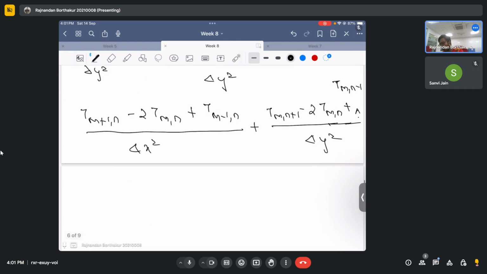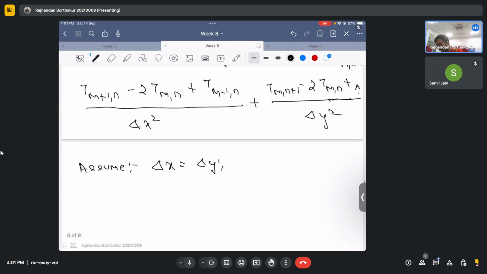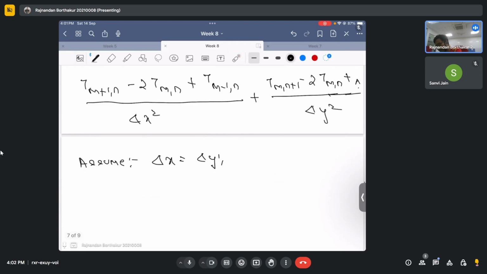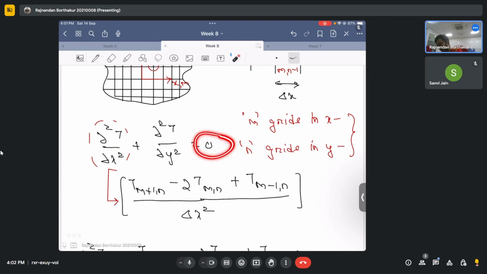Now if I assume that the distance between two grids in the x-axis is equal to the distance between two grids in the y-axis, which means delta x is equal to delta y, then this becomes very simple. And of course, this is equal to 0, because I have a 0 on the right-hand side.